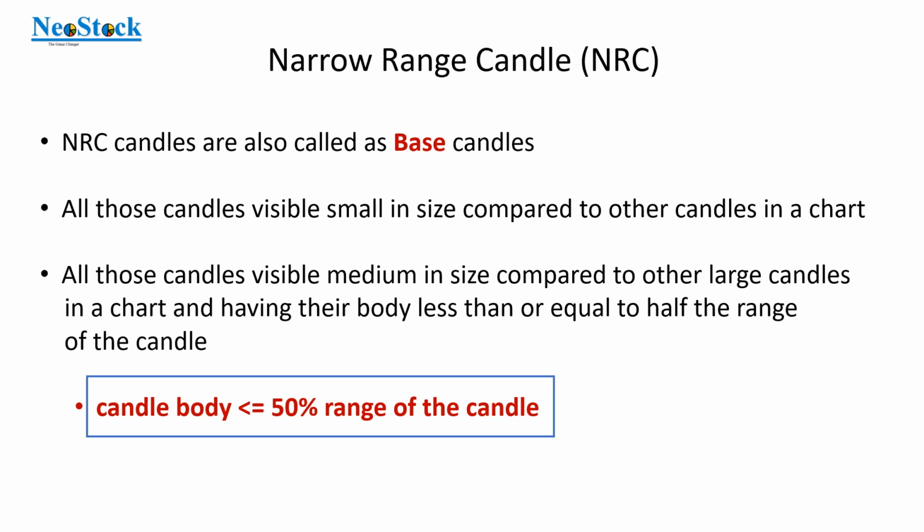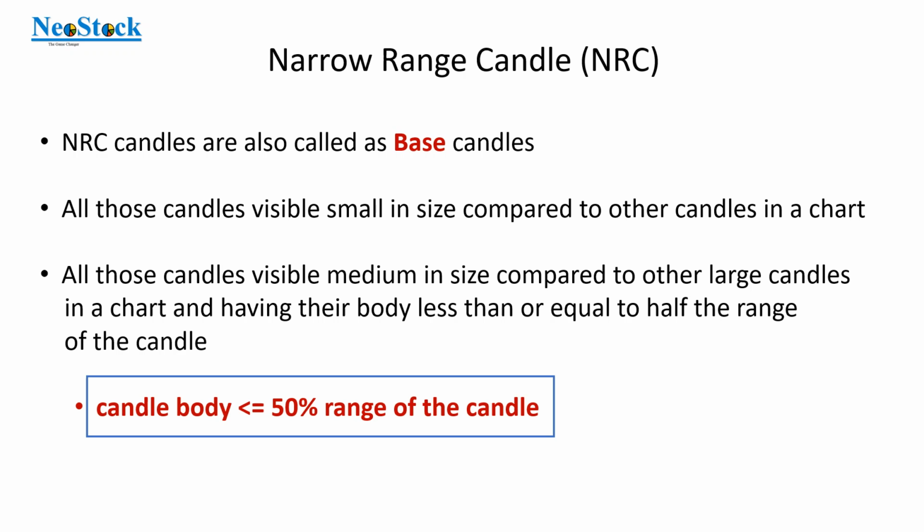I repeat again, candle body compared to the candle range. That means we are comparing the candle body and candle range. And during the comparison, if the candle body is less than or equal to 50% of the range, we can call it a narrow range candle.